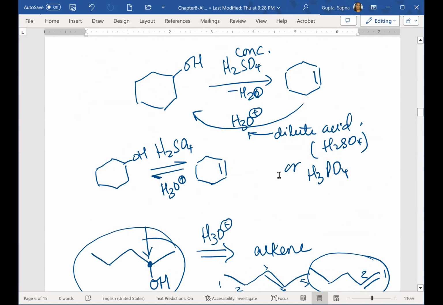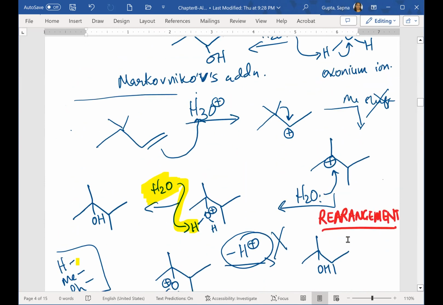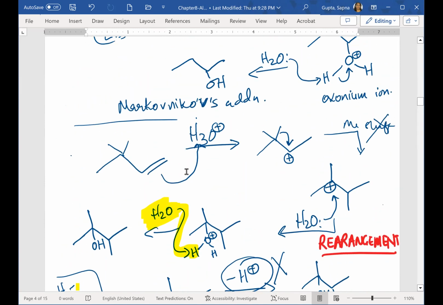First of all, you only get Markovnikov. Let me just scroll up here real quick. All right. So two issues that we have with this reaction with taking an alkene and just treating it with dilute acid, is that you get only Markovnikov addition. And number two, the rearrangement is possible.